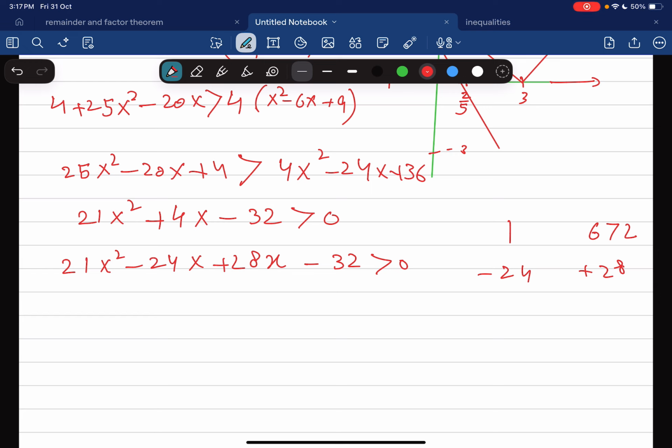The common factor is 3x: 3x(7x − 8). Then 4 is common: 4(7x − 8).